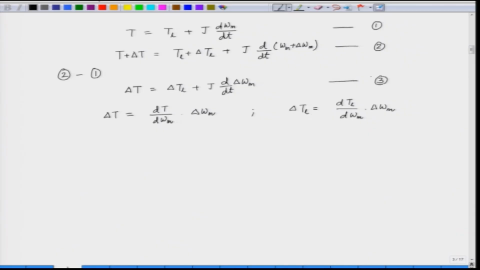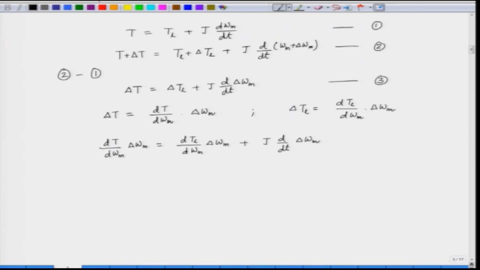So, what we get here is the following: dT by d omega m into delta omega m is equal to dTL by d omega m into delta omega m plus J d by dt of delta omega m. Now, we further simplify this equation.